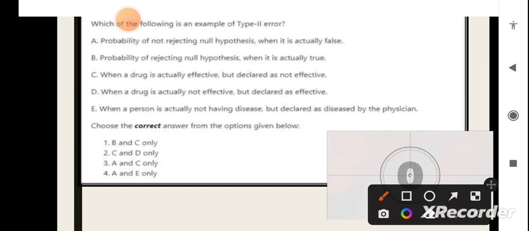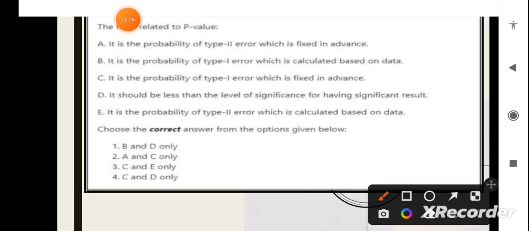So here our correct option will be option 3, that is statement A and C. Next question is, which of the following facts are correct related to p-value? A is, it is the probability of type 2 error which is fixed in advance.